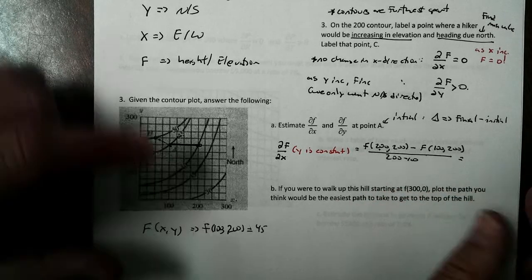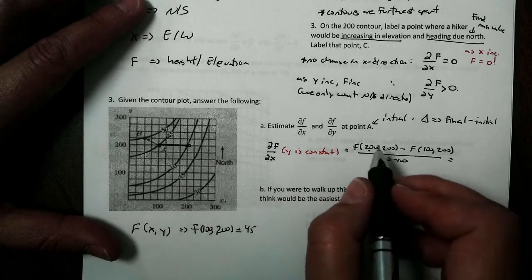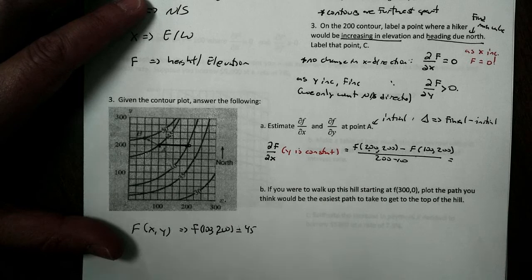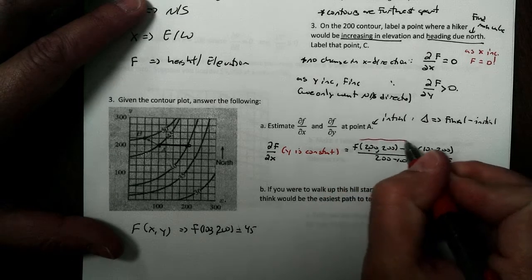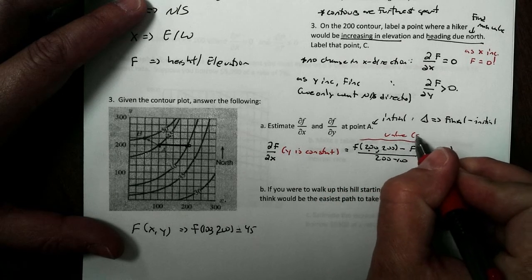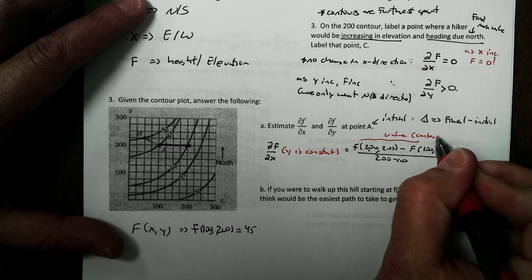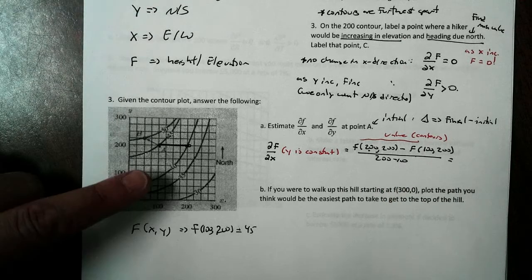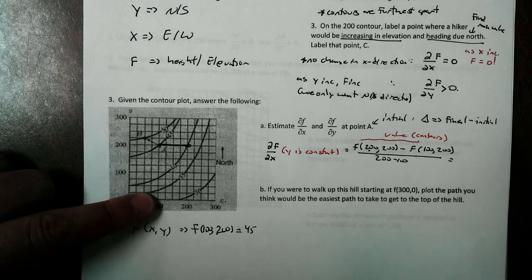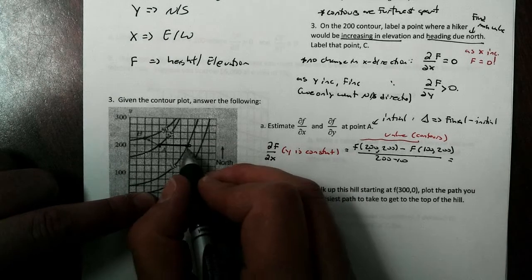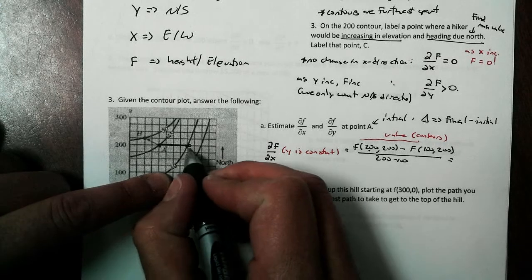Now, let's think about what this is telling us. This is the value of my function. My values are those contours. So my contour at 200 is way up here at 40. The contour there is 40.